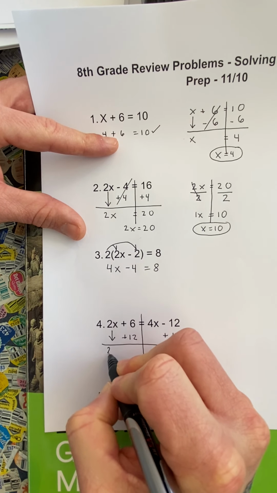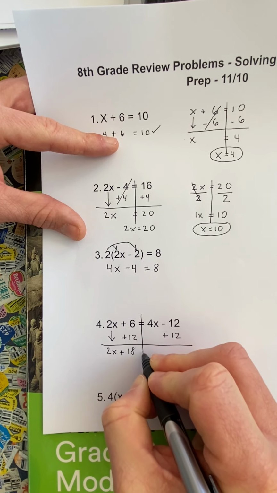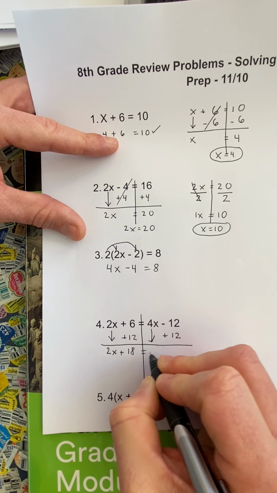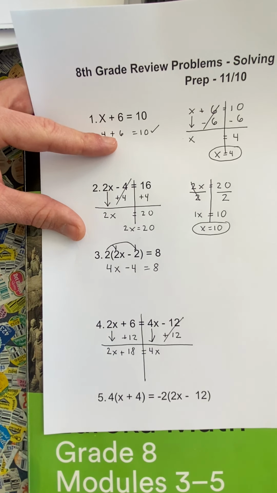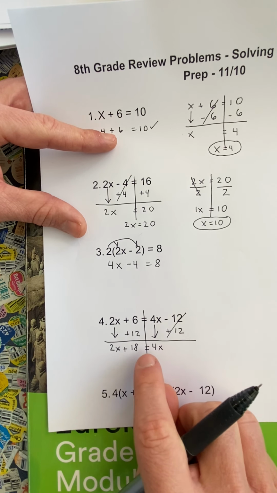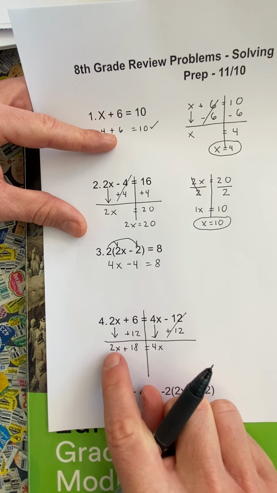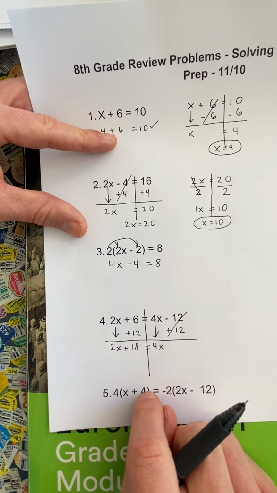2x, we didn't do anything to it. 6 plus 12 is 18 equals 4x, and negative 12 plus 12 made a 0 pair. Now, I need to make it so that this 2x isn't over here. I want my x's over here.